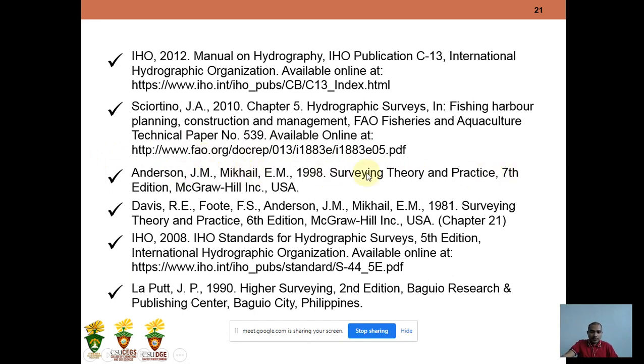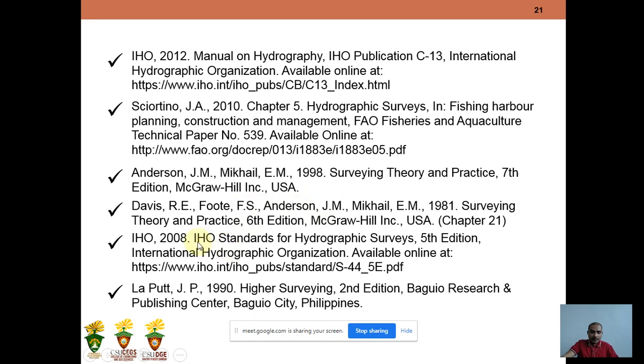So for calculations, I am using Anderson JM and Mikhail EM, Surveying Theory and Practice, 7th edition. I'm also using another Theory and Practice, the 6th edition. So again, Anderson JM.